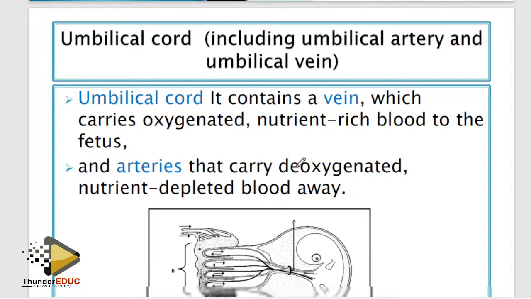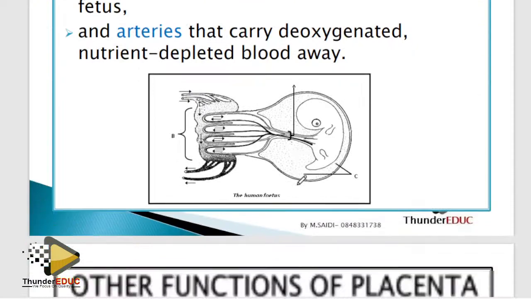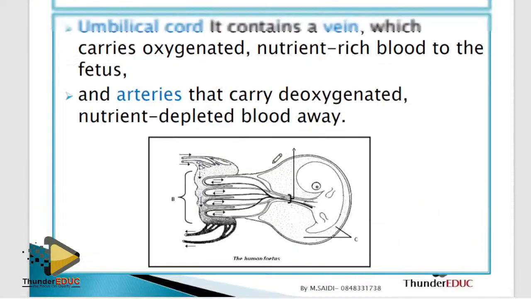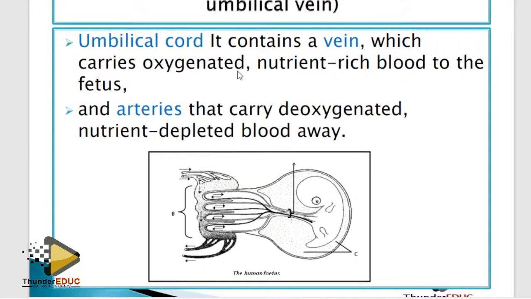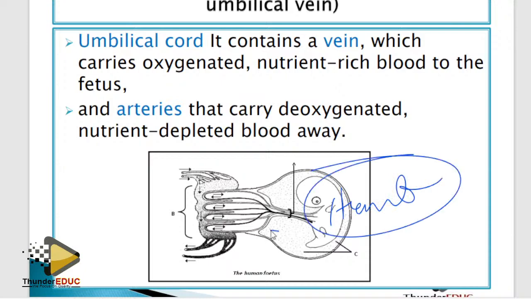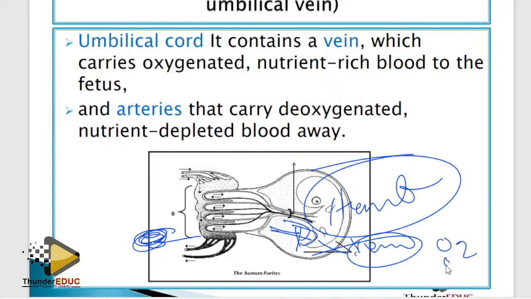Umbilical cord. Yes, they brought this and then students fail. Please: an artery takes blood away from the heart, while a vein brings blood to the heart. So this is the heart of the baby. The blood vessel which brings blood to the heart is a vein, and because it's coming from the mother, it will be rich in oxygen and nutrients.